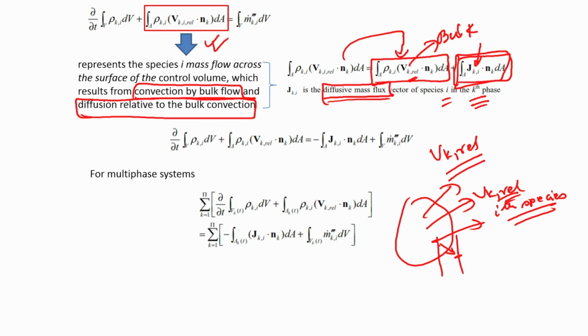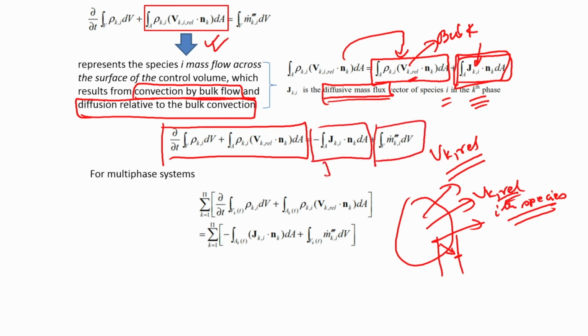So, now what we have is a convective derivative, a diffusion term, and a corresponding production term. This diffusion term exactly looks like a heat balance equation.